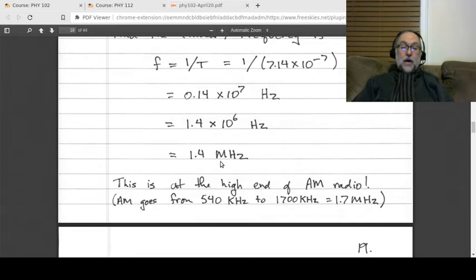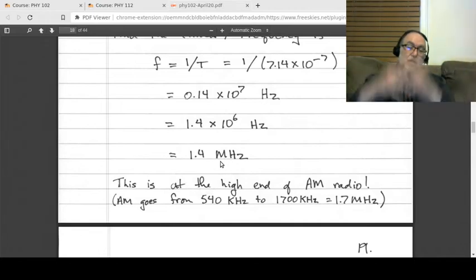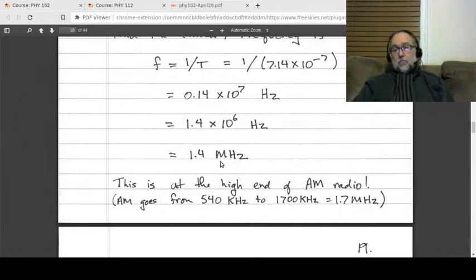Okay, so if you were under the northern lights and you're tuning your radio through the AM range, you're going to hear a lot of static, and that static is exactly that cyclotron frequency from the aurora borealis being picked up by the radio in your car.